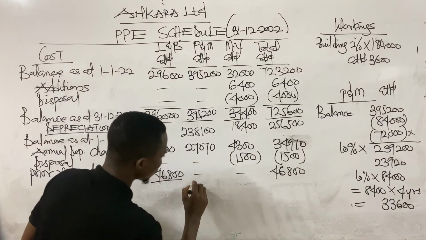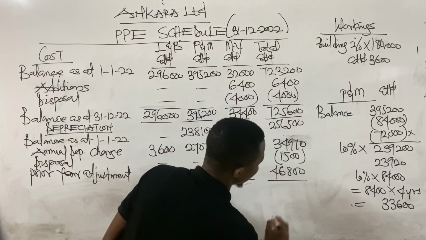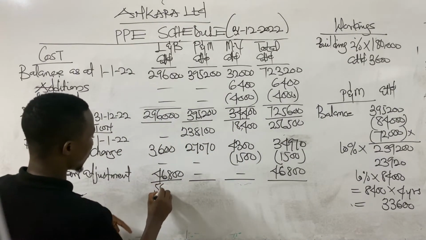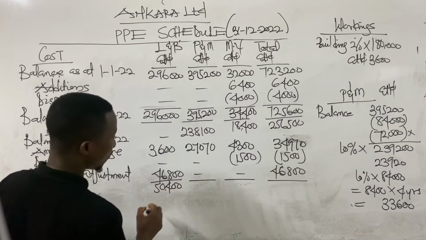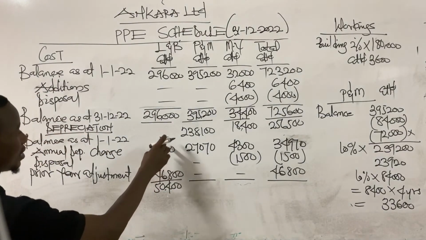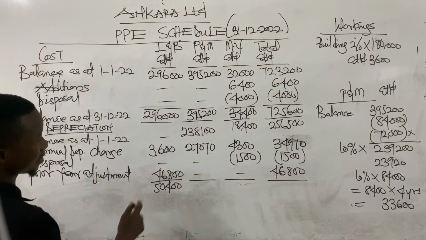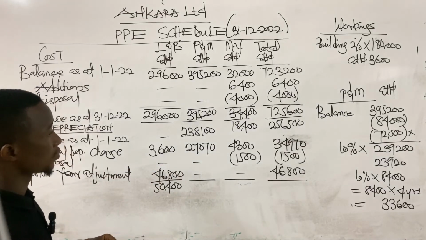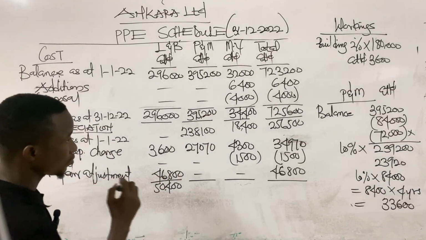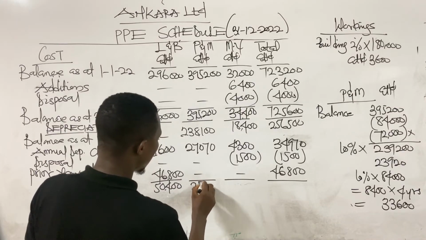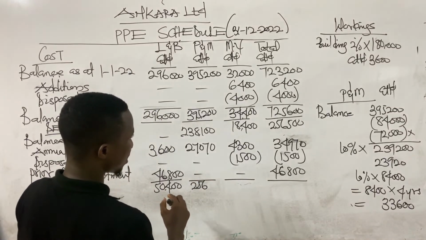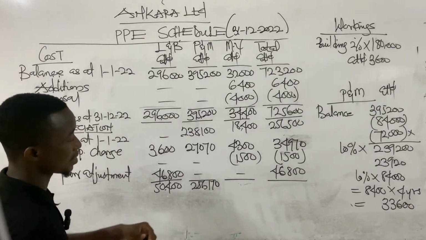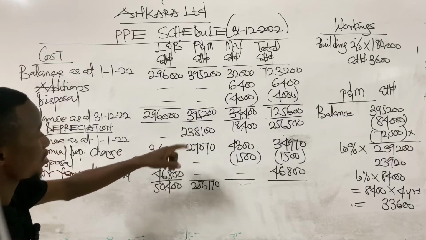So we do the addition and the subtraction. This will give us 50,400. When we add this and this, we also add these two amounts, and it will give us 256,170.